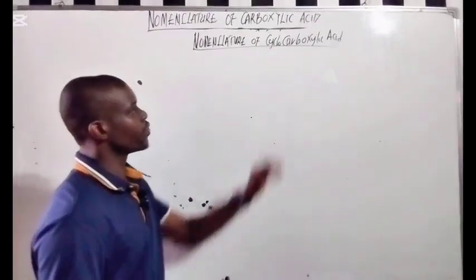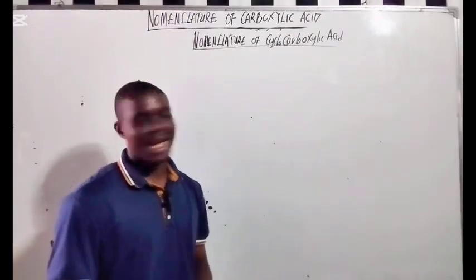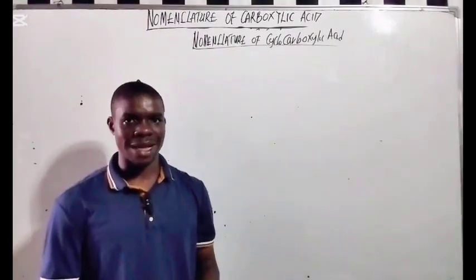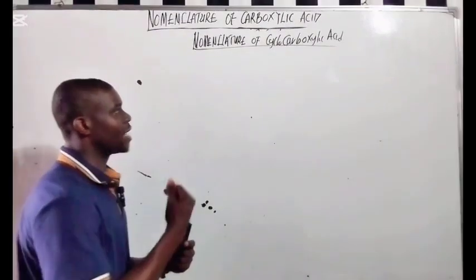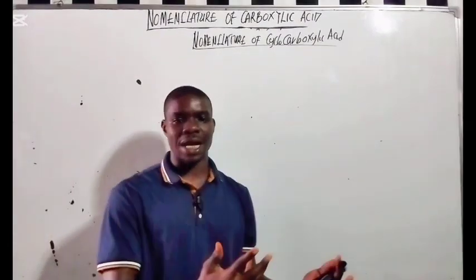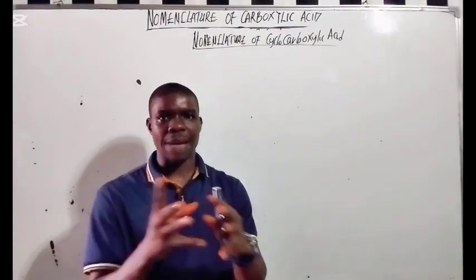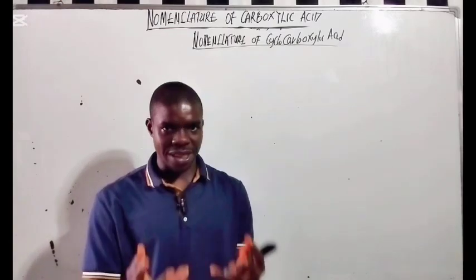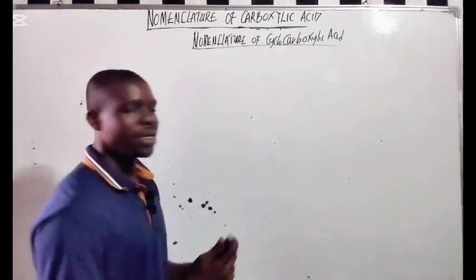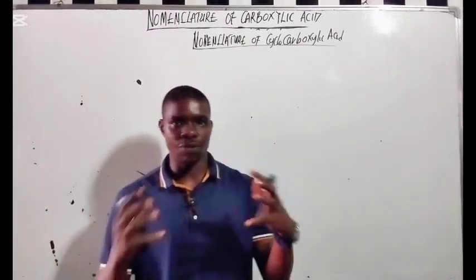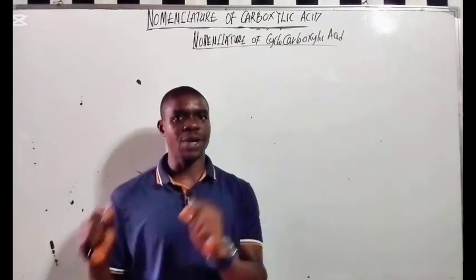Let's move to the nomenclature of cycloalkanoic acids. We're talking about carboxylic acids with a ring, right? It can be for alkanes or for alkenes. Please pay attention here.